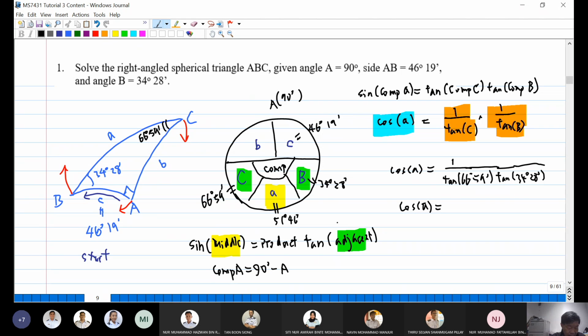So you take 1 over tangent 66 degrees 59 minutes, times tangent 34 degrees 28 minutes, and that will give you 0.6188 here.